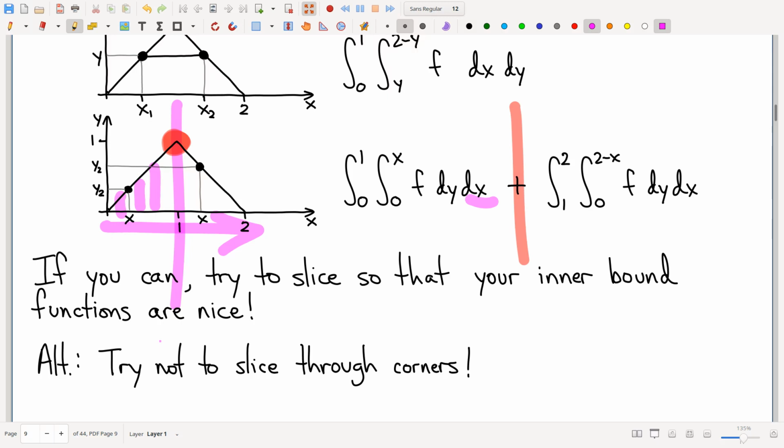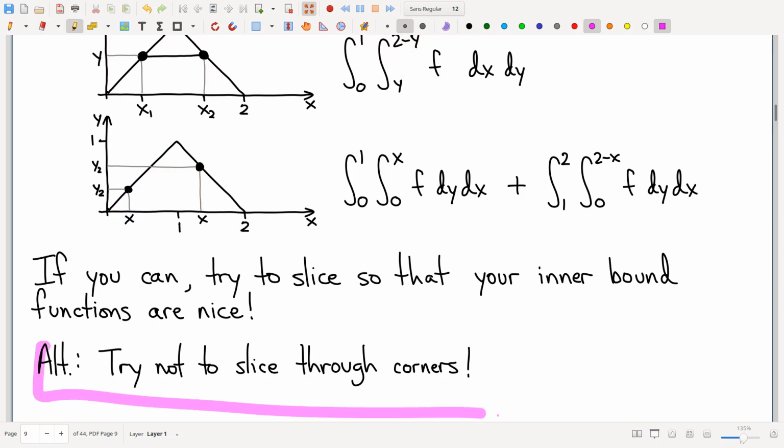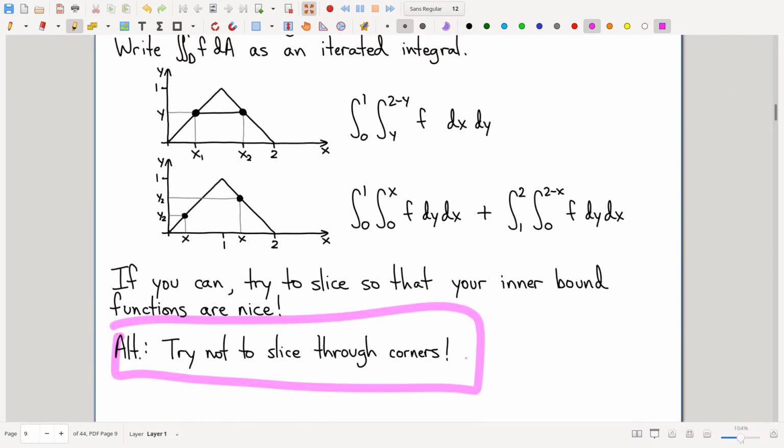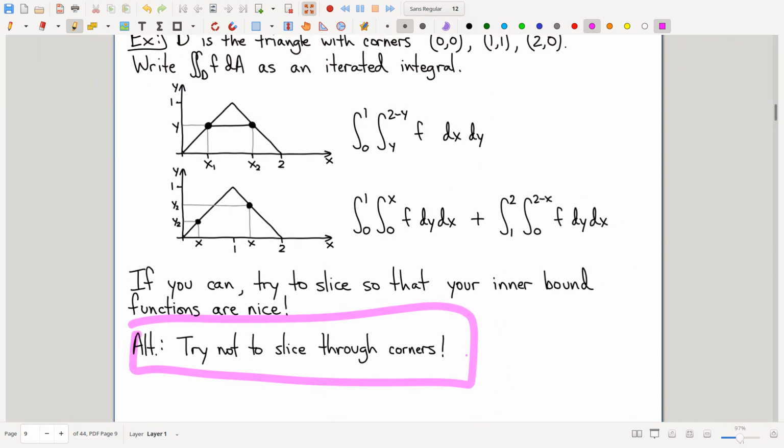That's ultimately where the blame goes as to why I had to stop the integral I was working on, start a whole new integral, and finish up. Okay, so nice little rule of thumb to use. Try not to slice through corners. Does that make sense to everybody? Okay. All right.